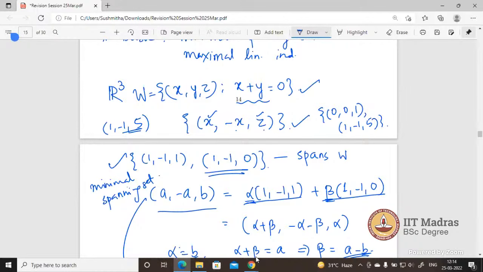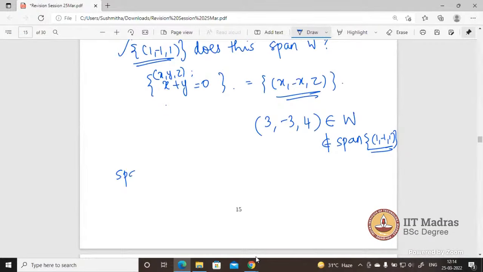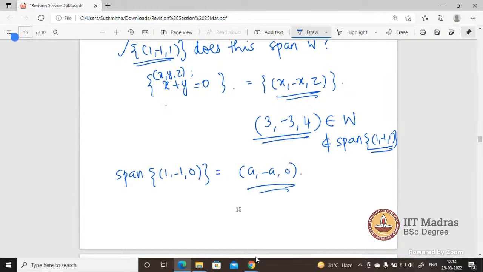The span of this is going to be A, minus A, 0, right? You said this belongs to W, but I cannot use this and get this, right? Yeah, got it. Thank you.